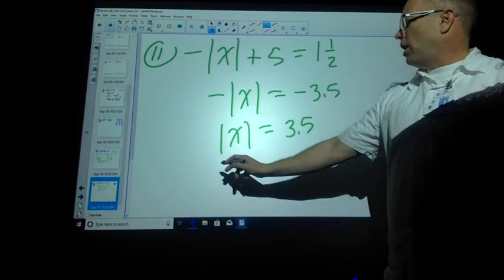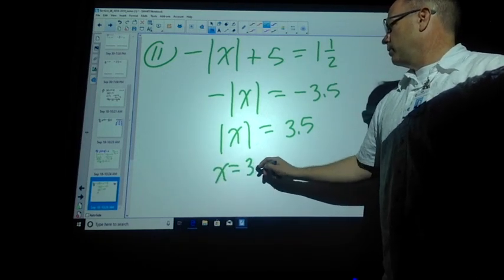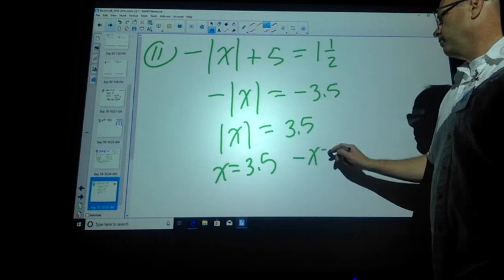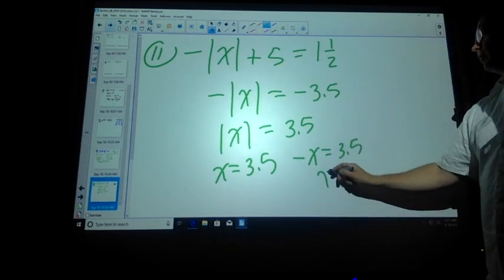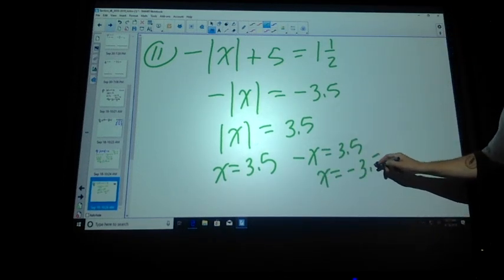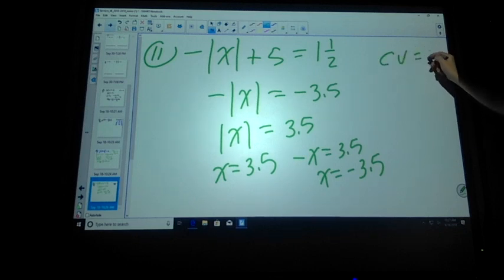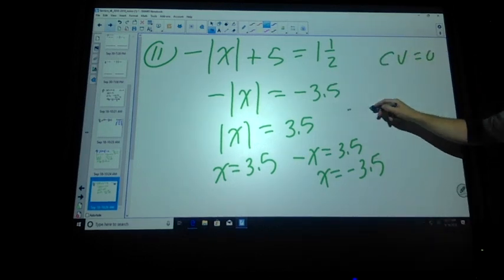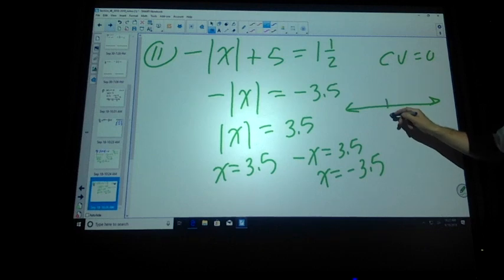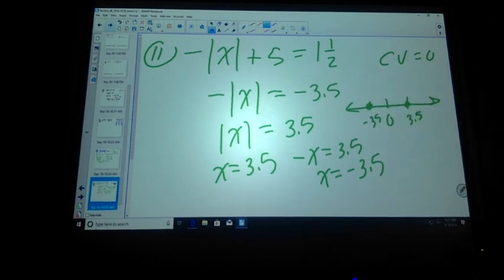So my answers are, my critical value, if I wanted to list that, is 0. So on my number line, it looks like this. 0, 3.5, dot, negative 3.5, dot, done. That's a 0.5 in there. Sorry about that. Anything else on that second page?